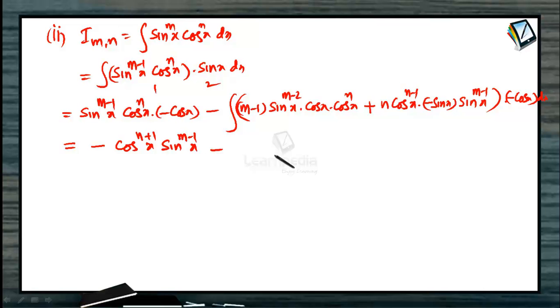Minus (m-1) into this, minus becomes plus, cos into this cos, cos square.